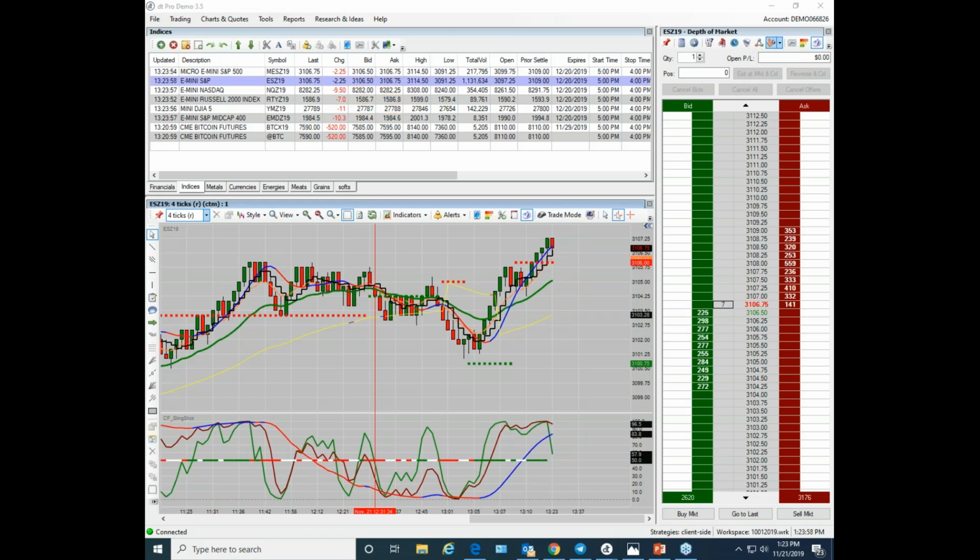Now, first observation: dynamic resistance at an old high. That would say, hey, stand at parade rest, don't do a thing. We've got resistance. What's cool is that we broke dynamic resistance. These green and red dots are dynamic support and resistance.